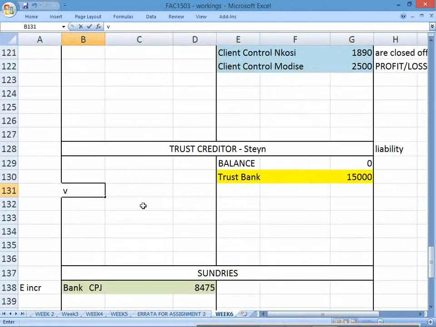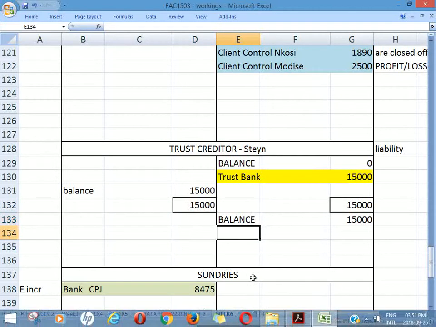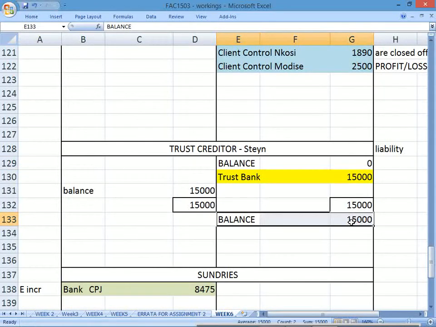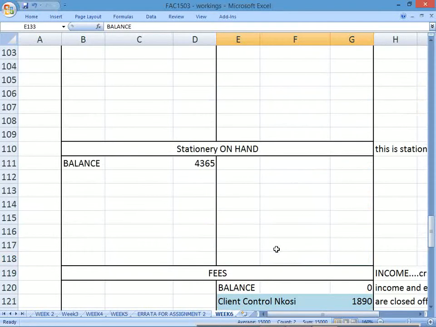Balance carried down. It'll be 15. Balance carried down, balance brought down would be the same total. But that's the balance at the end, the end value.